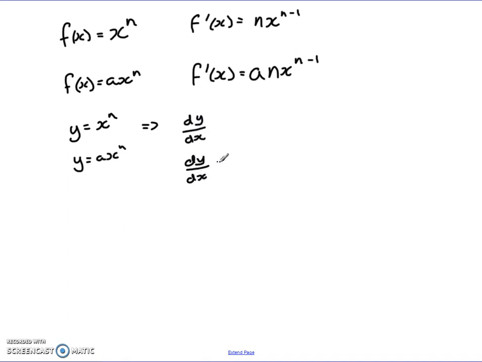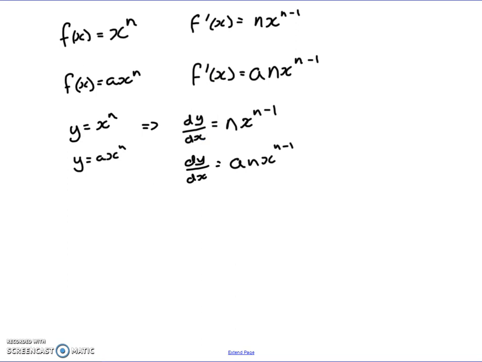However, that's the only thing that changes. The general form stays the same. So if it was x to the n, it would still be n x to the n minus 1. And if it was ax to the n, it would still be an x to the n minus 1. All that changes is this part of the notation here. And this literally means the derivative of y with respect to x. Same as these sorts of things here.